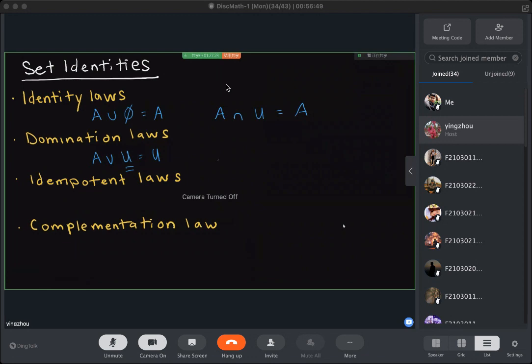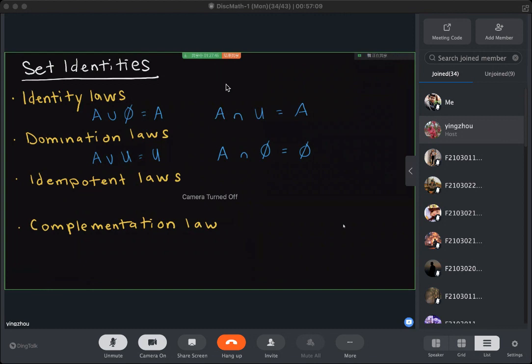Or A intersect the empty set would be the empty set, because in the intersection an element must belong to both sets, and there's nothing contained in both.